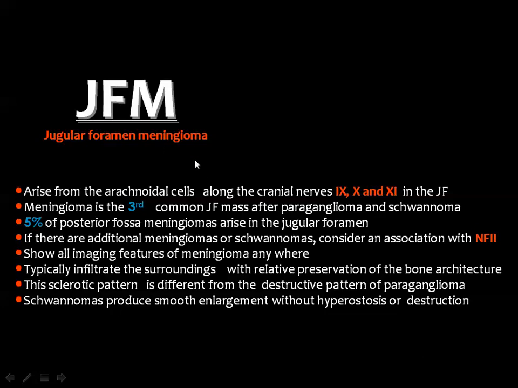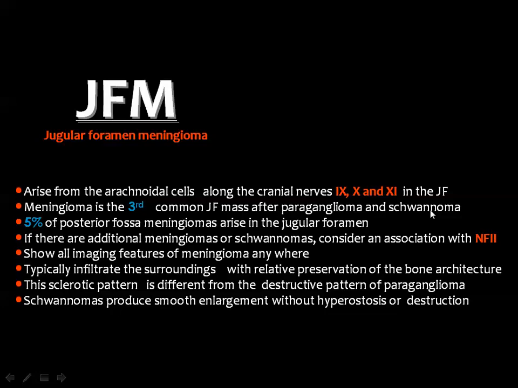And the meningioma arising in the posterior skull base is assumed to arise from the arachnoid cells along the cranial nerves number 9, 10, and 11 within the jugular fossa. Meningioma is the third most common jugular fossa mass after paraganglioma and schwannoma.